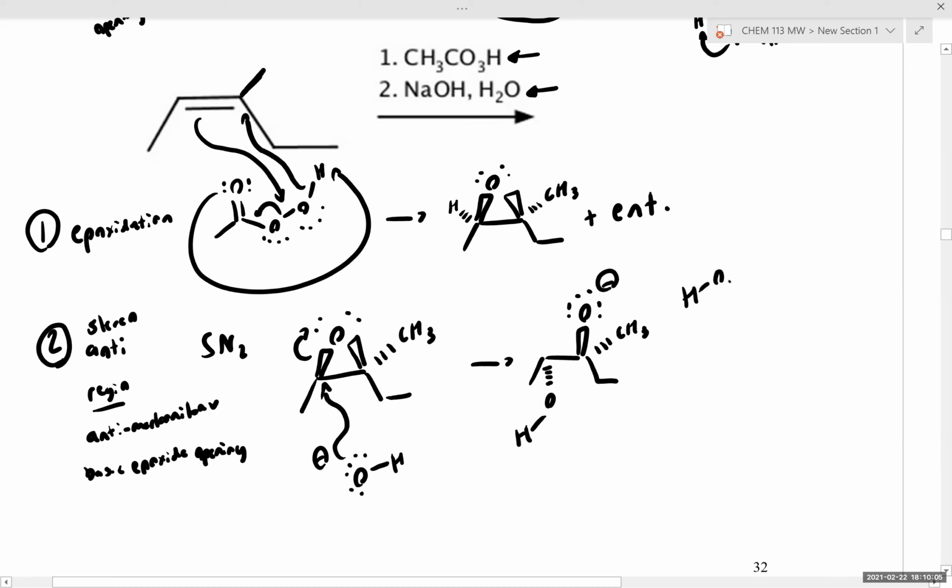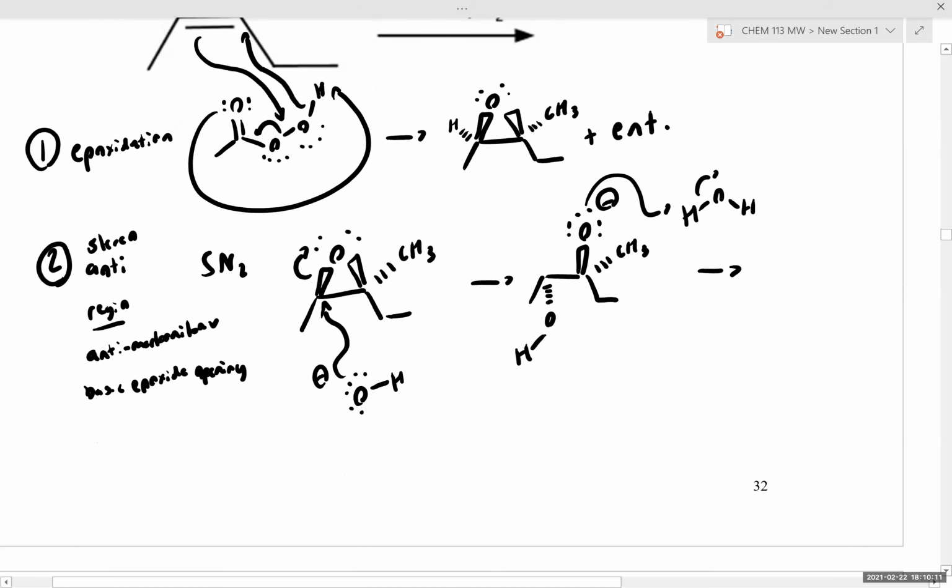For our last step, since we have to isolate neutral intermediates, we're going to protonate our alkoxide intermediate with water. That in turn gives us the following product plus the enantiomer.